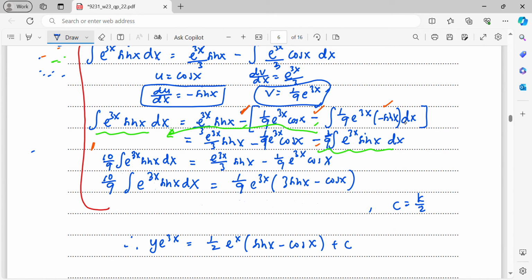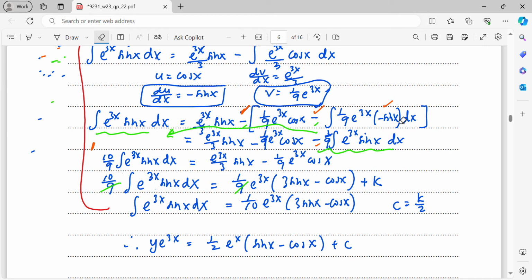Right? Then now integrate e3x sine x dx. Since both sides you have over 9, the over 9 can be cancelled off. The 10 moves down. That is 1 over 10. So I will write here 1 over 10 e3x (3 sine x minus cos x). Then here probably you can write k.